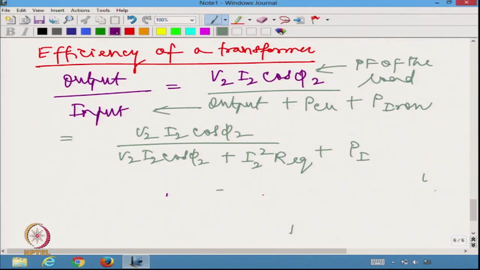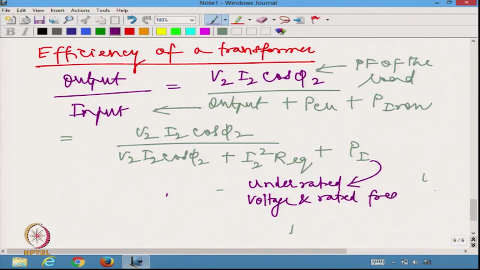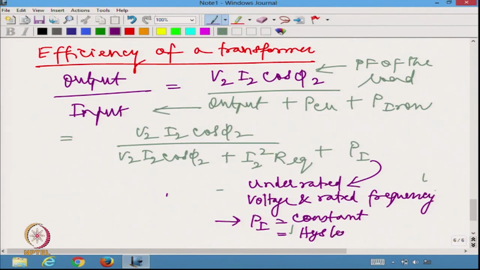As long as I operate the transformer under a rated voltage and rated frequency, I will have basically the iron loss to be a constant. So, Pi will be constant. I can call this as either iron losses or constant losses, or I can say this is the hysteresis loss plus eddy current loss, right. This we already talked about.